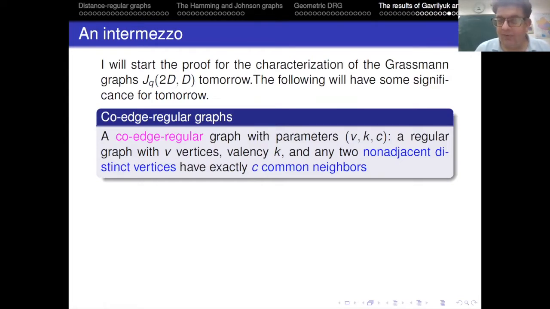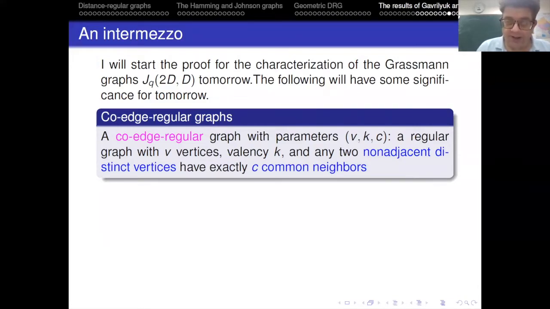One of the steps in our paper with Sascha Gavrilyuk should be done in a more general case. I will talk about that; I come back to this tomorrow. Don't worry. But for now, let's not worry about what is significant. I think it's already interesting enough on its own.